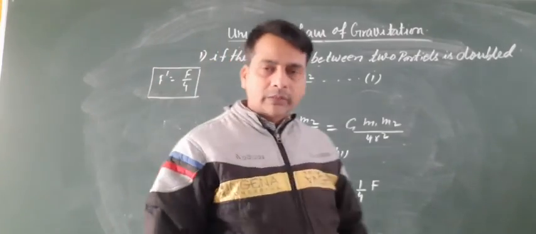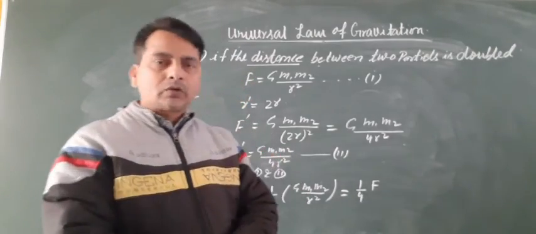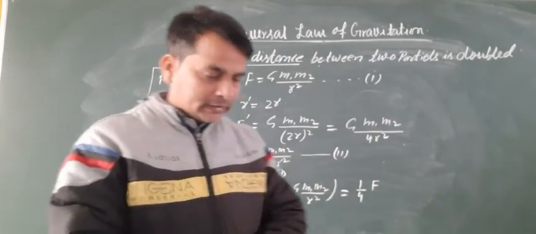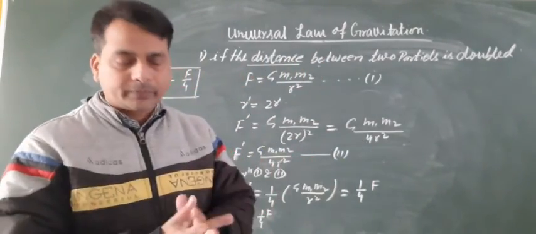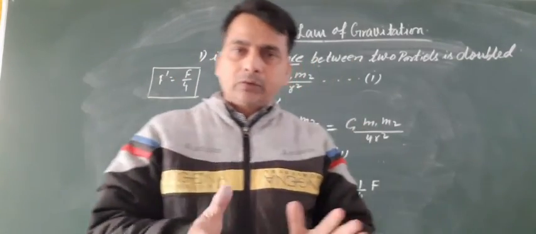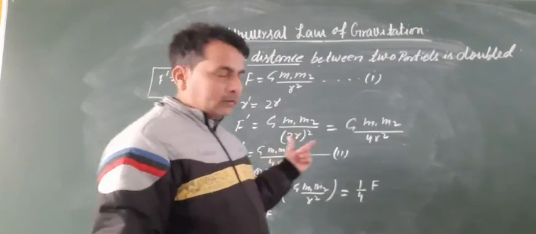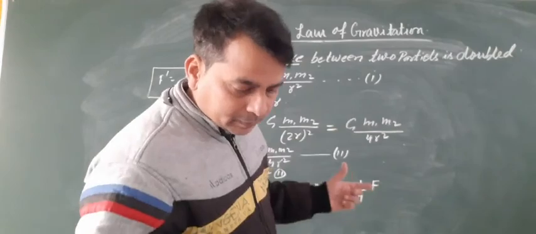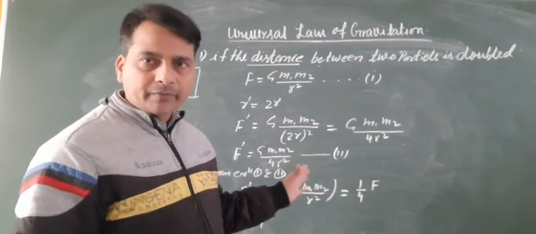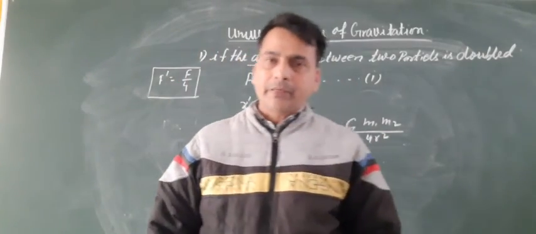So now second is, if the distance between two particles is half, what is the effect of the gravitational force? According to the condition of the gravitational force, if the distance between two particles is half, then the new gravitational force becomes 4 times.